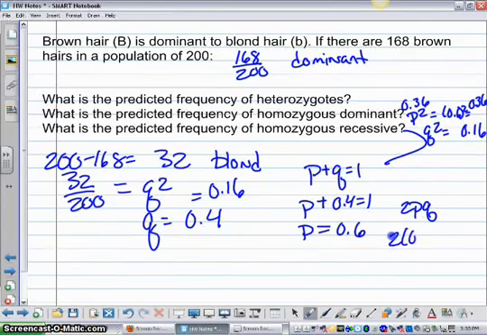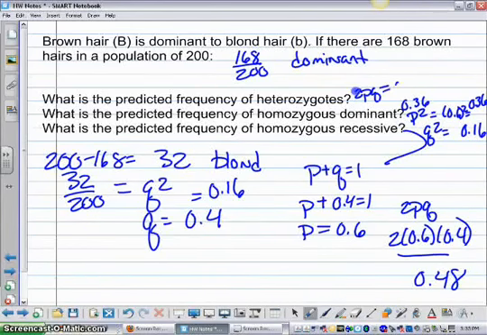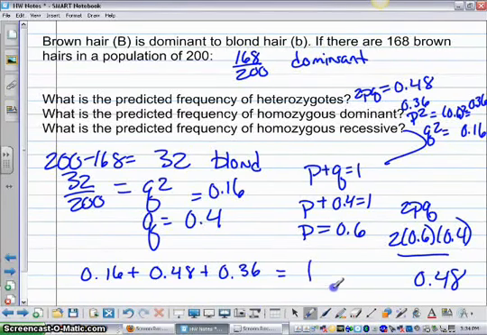That's 2 times 0.6 times 0.4, which is going to equal 0.48. So that's 48%. And if you add all those up, 0.16 plus 0.48 plus 0.36, that should equal 1, which in fact it does. So that checks out.